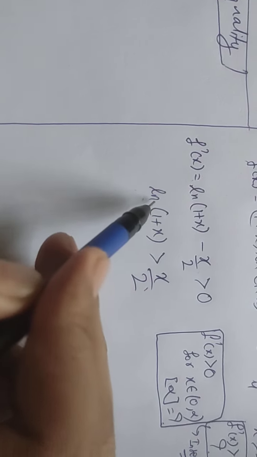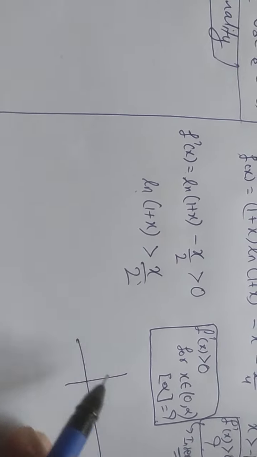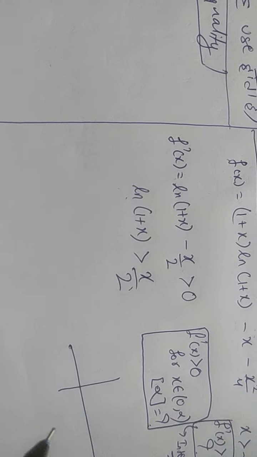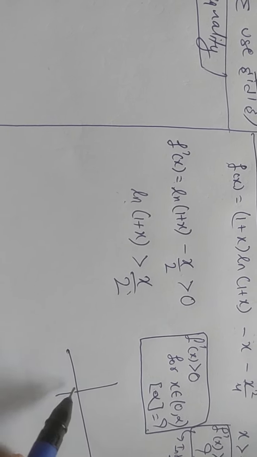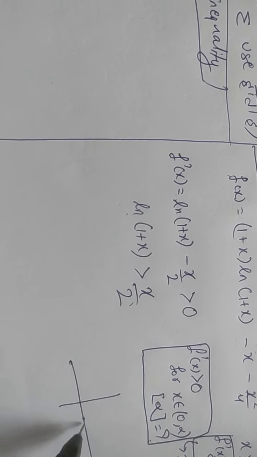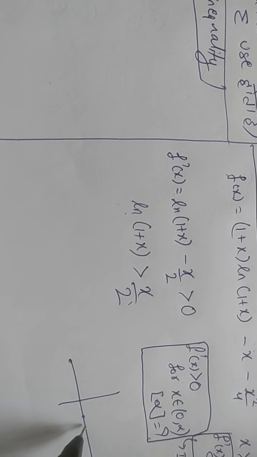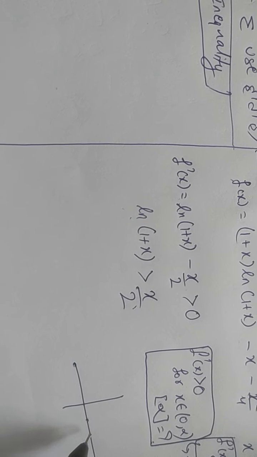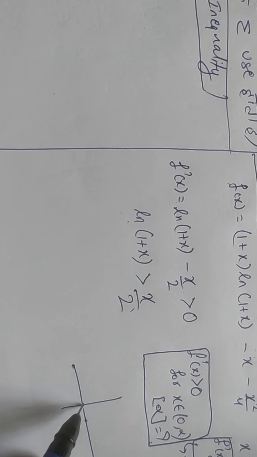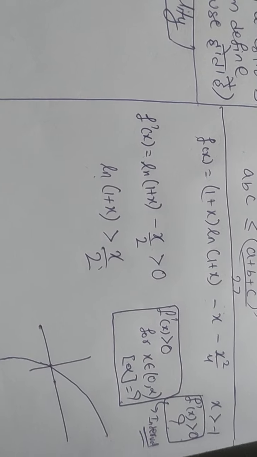So what I can do is draw the graph of ln x, and ln of 1 plus x, right? So the graph of ln x is like this. So what would be ln of 1 plus x? At x equal to 0, ln 1 is equal to 0, right? So graph would be something like this, ln of 1 plus x.